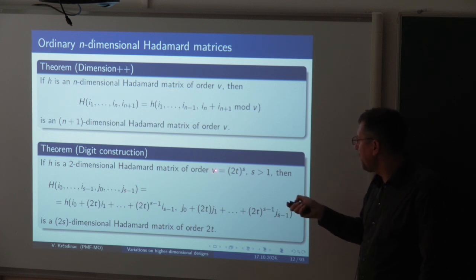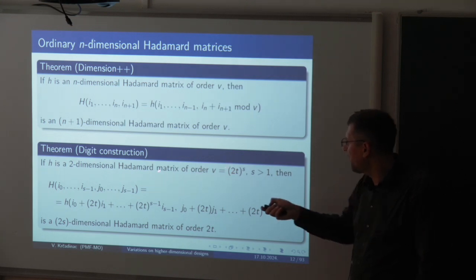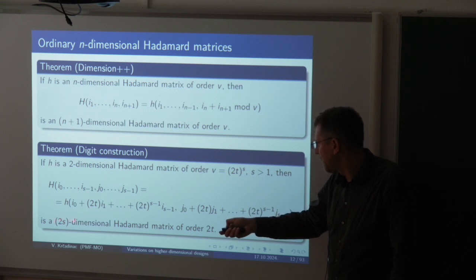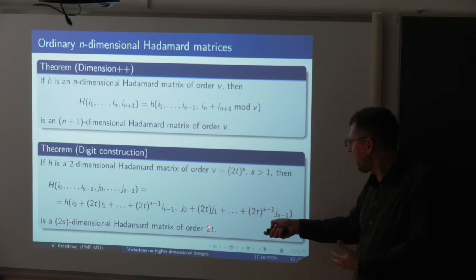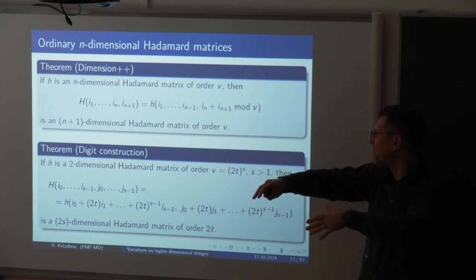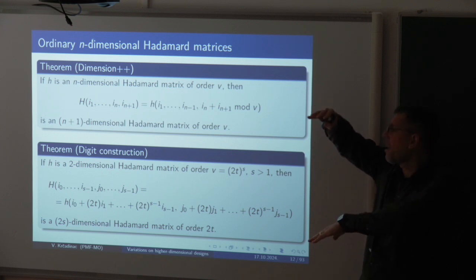In this way, you can always raise the dimension. Here you have dimension 2, and here the dimension is raised to 2 times s. And the order is lowered because you're picking up pieces of this large two-dimensional matrix and building a higher dimensional one.